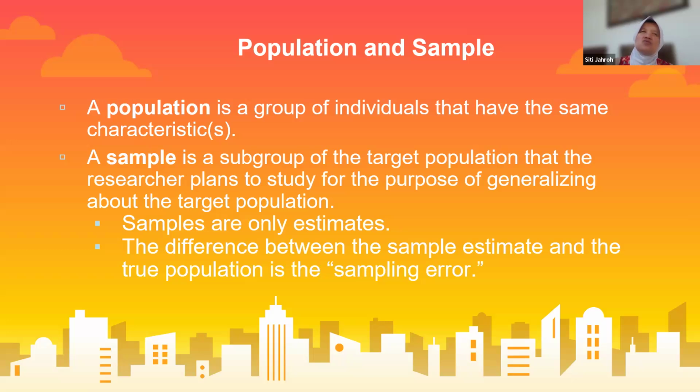You would like to study that topic, that subject. And the population has the same characteristic. If it's individuals, that group of individuals has the same characteristic. If it's a group of companies, that group of companies has the same characteristic. Okay, that's population.